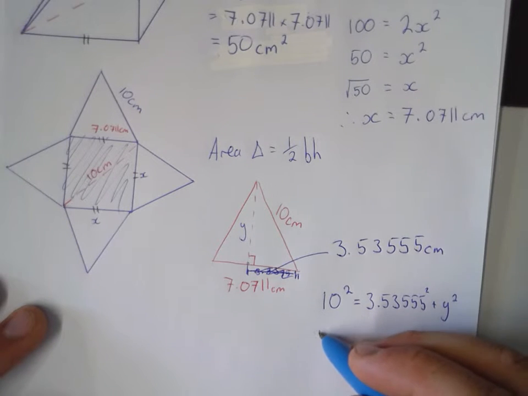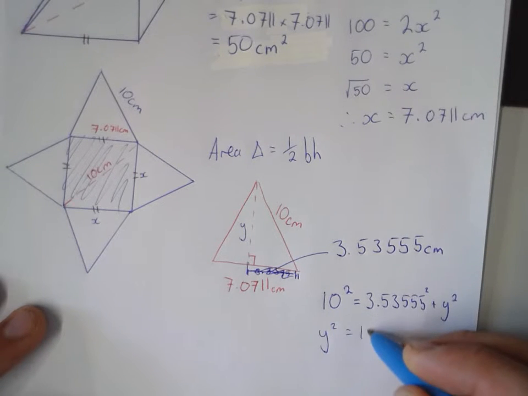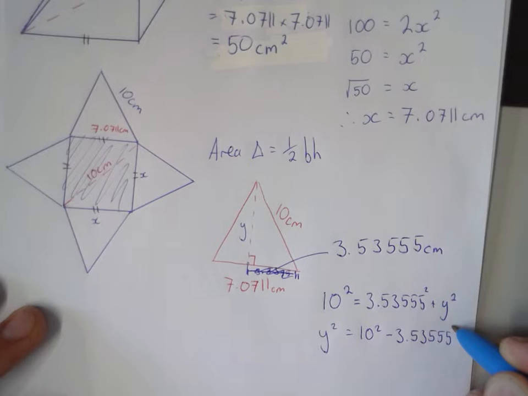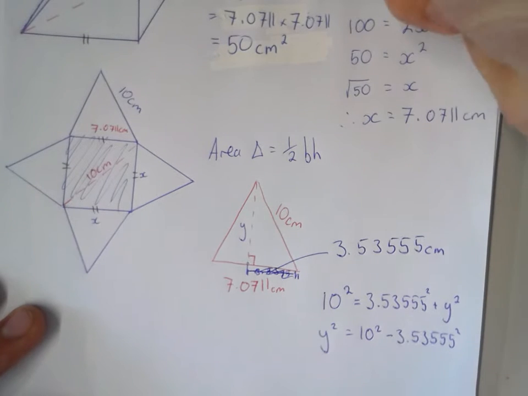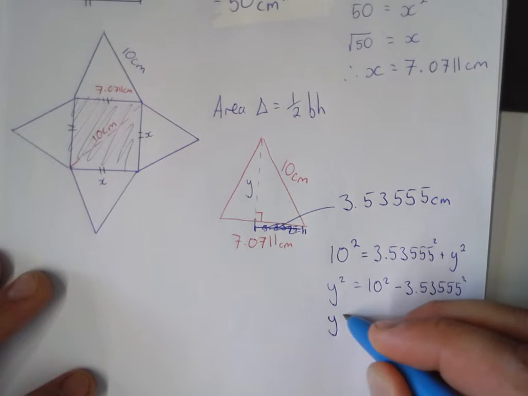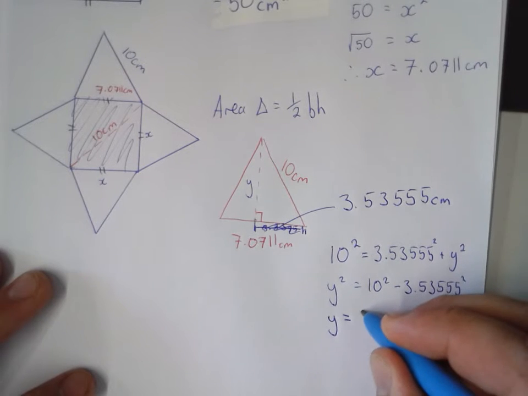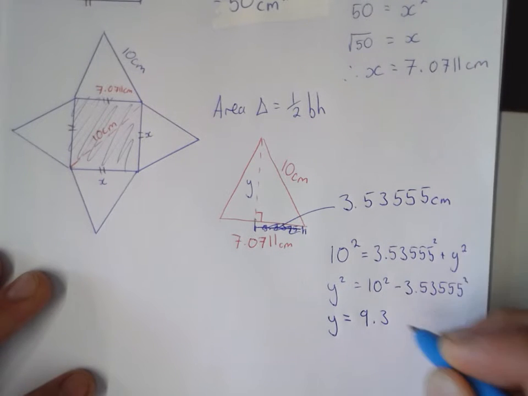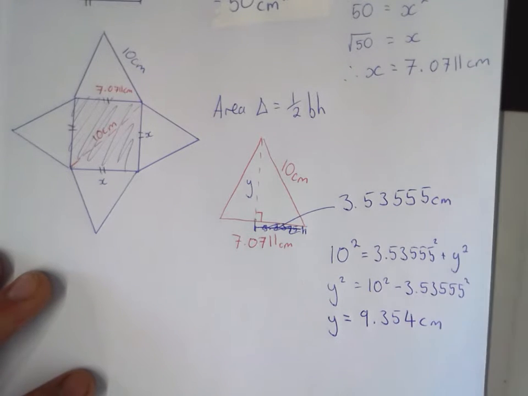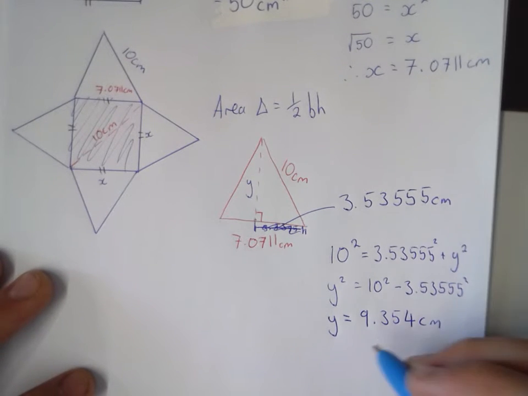Rearranging that, y squared is equal to 10 squared subtract 3.5355 squared. From here, calculating that and then taking the square root of my answer, I get y is approximately 9.354 centimeters. This is now my height of my triangle.